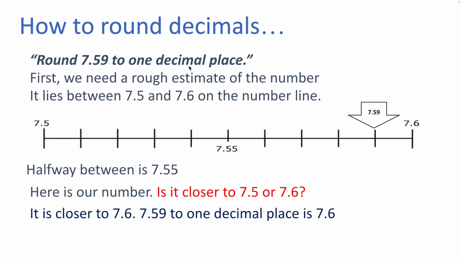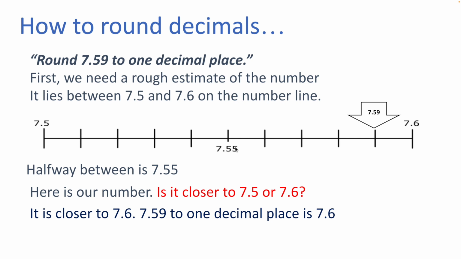So what we're really doing is looking at the number right beside the number we want to crop to. If you think of this number, I'm cropping it, or cutting it off, at 1 decimal place. So I'm cutting the number right between the 5 and the 9. And I'm going to look right beside that cut at the 9, and that's the number that's going to tell me where on that number line it is.